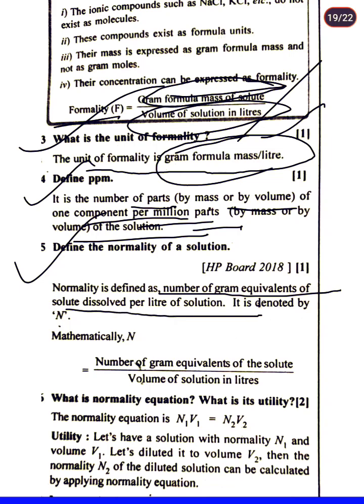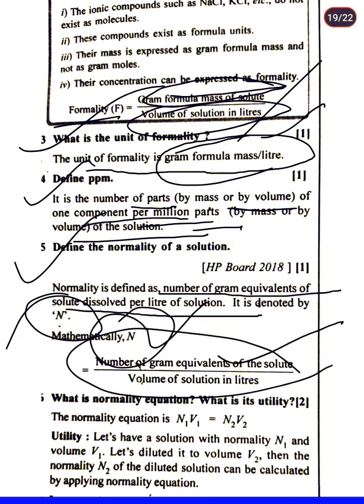It is denoted by the symbol N, capital N, and N is equal to the number of gram equivalents of solute divided by volume of solution in liters. And the normality equation can be written as N1V1 = N2V2, similar to the molarity equation. If we have a solution of normality N1 and volume V1, and it is related to volume V2, then the normality becomes N2.